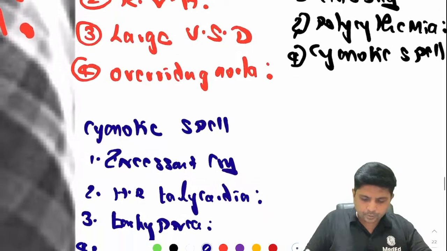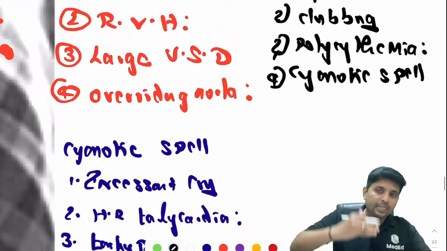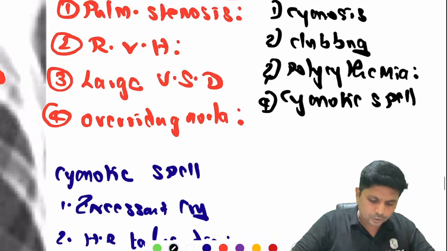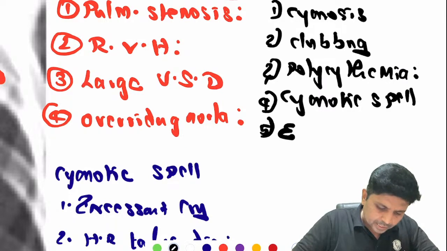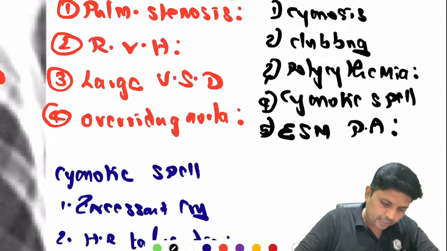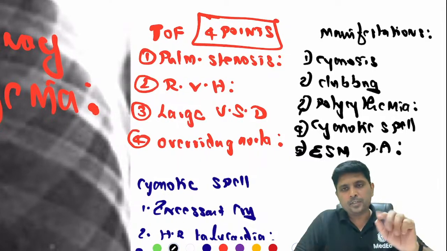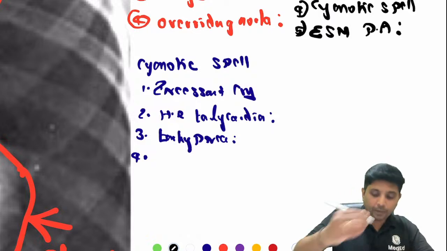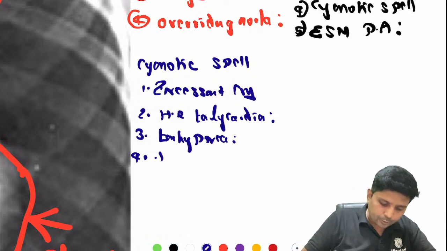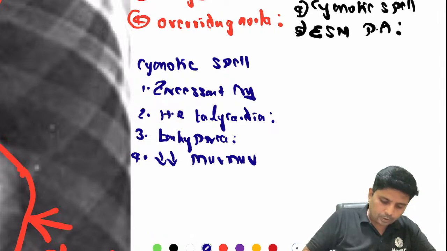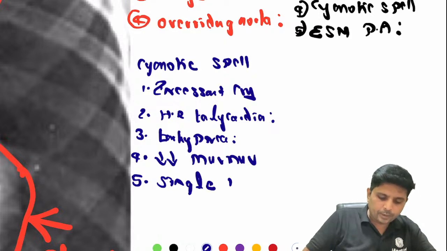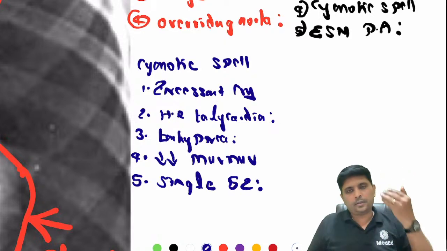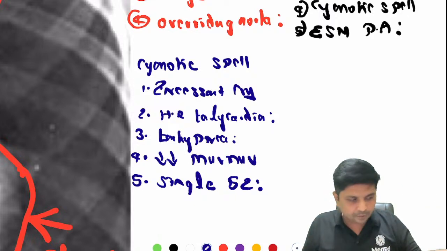Normally, because of increased blood flow across the valvular stenosis, you will have an ejection systolic murmur in the pulmonary area. That is one of the manifestations of tetralogy of Fallot. So what will happen in cyanotic spell? That murmur will not be heard, so there is reduced intensity of the murmur. And then you have a single S2, because severe pulmonary stenosis leads to absence of P2.